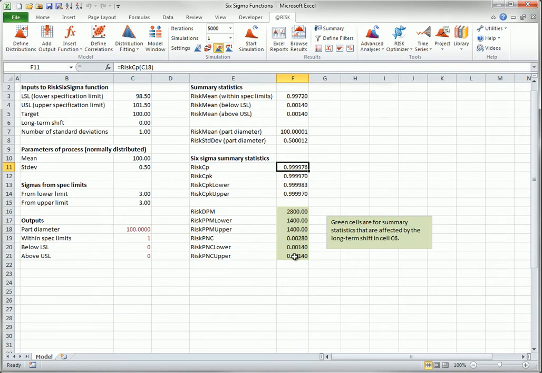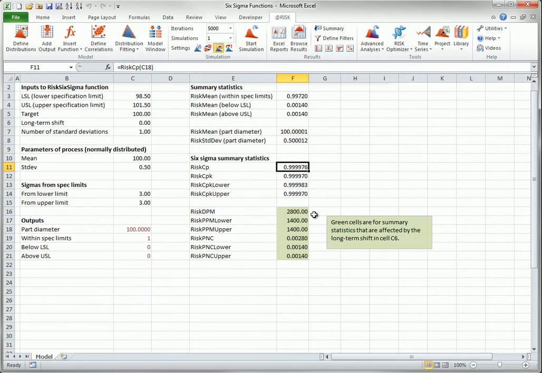Remember again that the numbers shown here are for a 3 sigma process, but even for this good a process, there are about 2,800 defective parts per million. This is why companies like Motorola decided that 3 sigma was not good enough. They strived for and achieved 6 sigma processes.